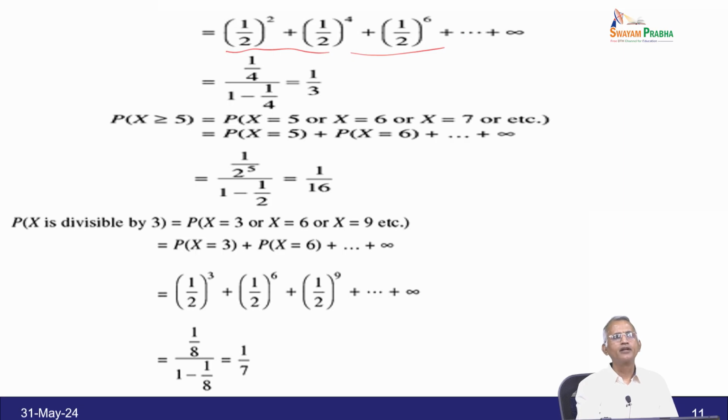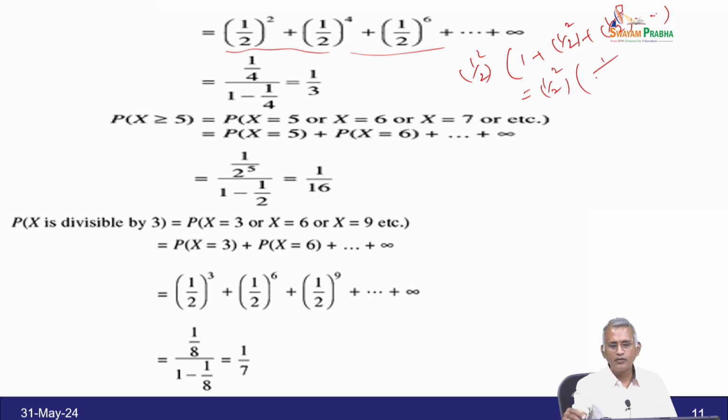It is a geometric series whose first term is 1 by 2 the whole square. Take it common, so it becomes 1 by 2 plus 1 by 2 the whole square, 1 by 2 whole power 3 and so on.